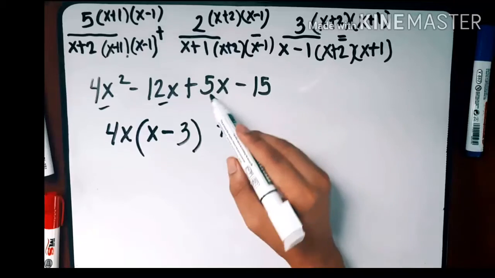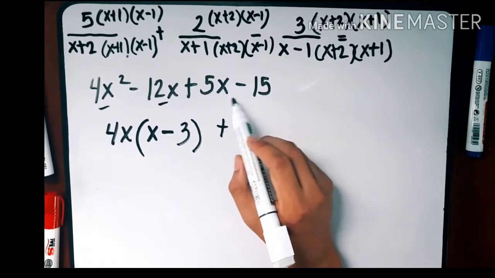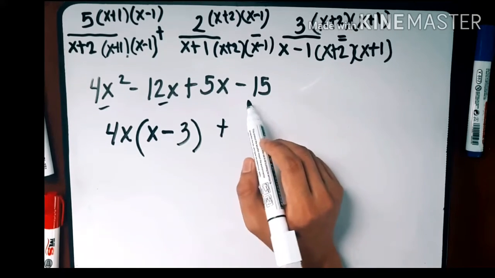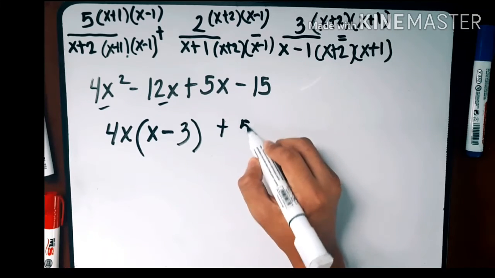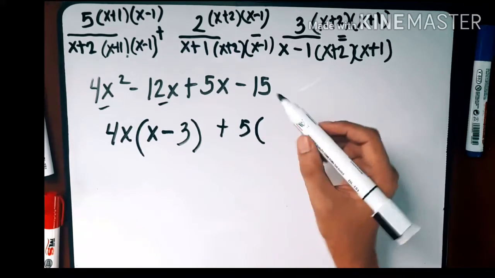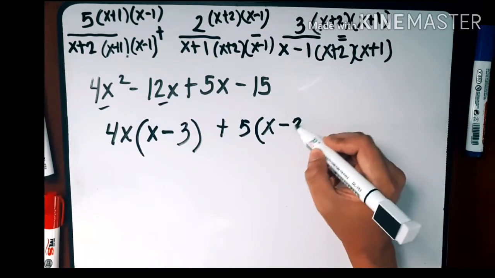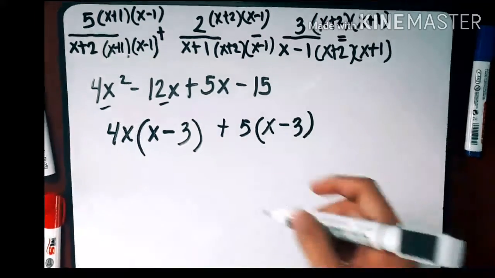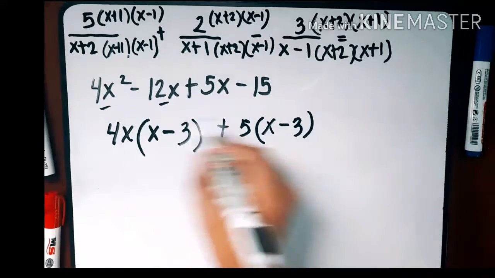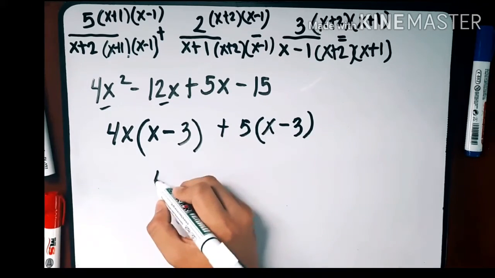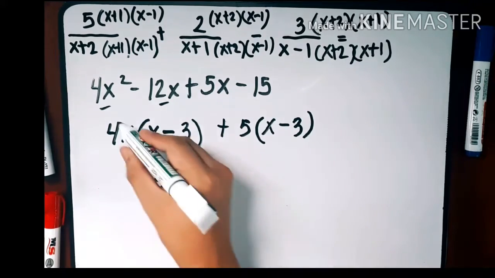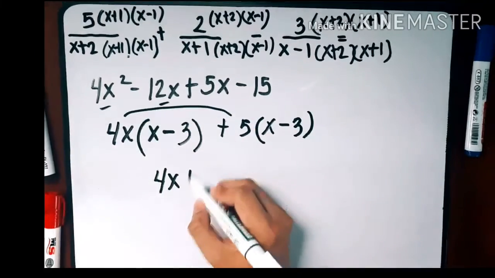Plus, ang greatest common factor ng 5x minus 15 is 5. Divide by 5x is x. 15 divide 5 is 3. So, arrange na lang natin. 4x, pagsamahin natin to, plus 5.